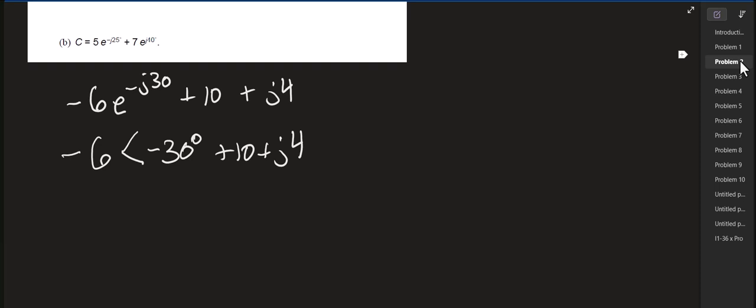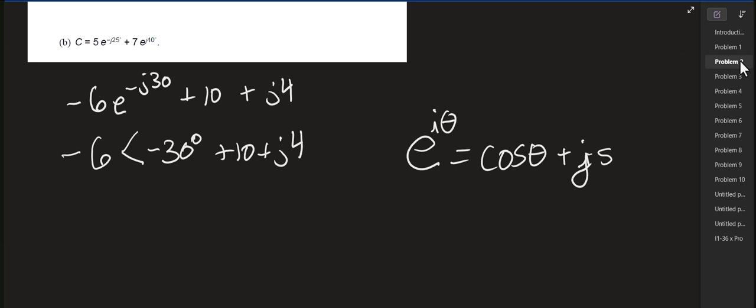And this is Euler's identity. Euler's identity tells us e to the j theta equals cosine theta plus j sine theta. Sorry, my math background was showing through. And so this particular one will be -6.